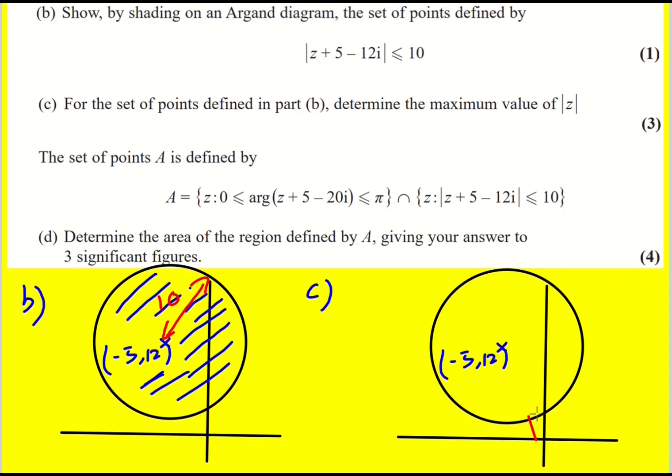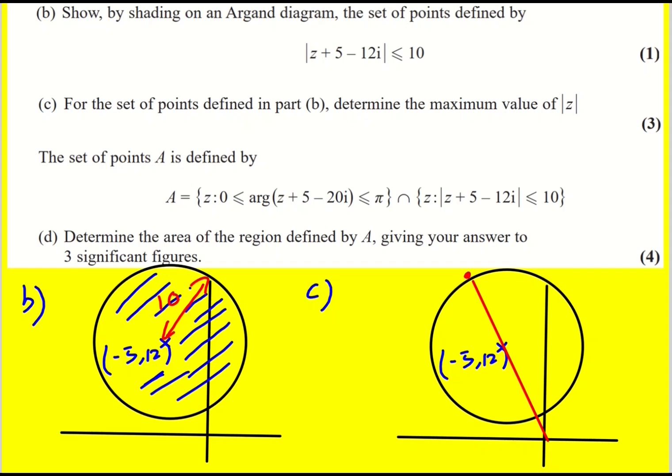I'm going to make sure I go through the center, because now I've gone through the radius, and then I'm going to go through the radius again. That point there at the end must be the maximum value of the modulus of z. As soon as I go up here, I might be going slightly further to get to the circle, but then I'm not going along a chord, so it's not going to be as far.